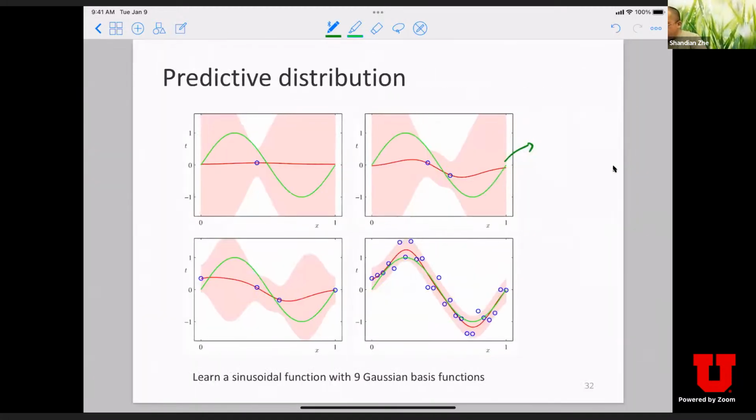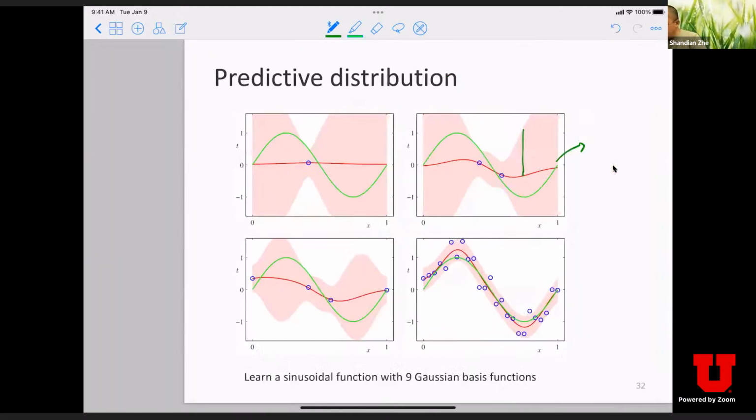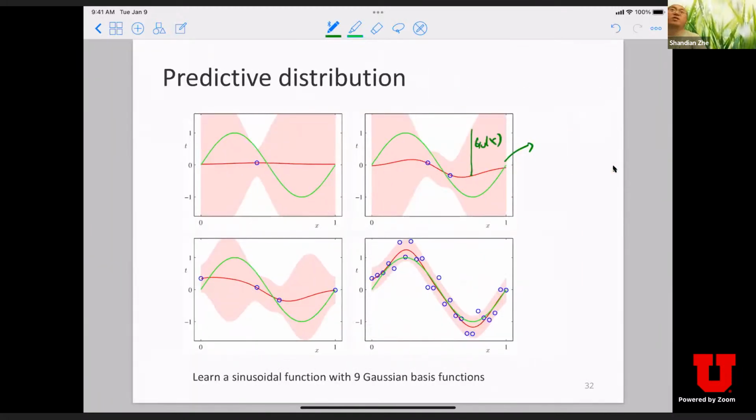This shaded region is just one standard deviation, meaning this part is the posterior mean of the predicted distribution plus one standard deviation, and this one is the mean minus one standard deviation. So from this, we can not only see what kind of curve you have estimated so far, but also what the uncertainty is at different inputs, right? Does it make sense?